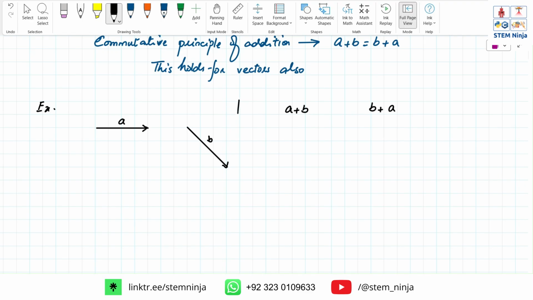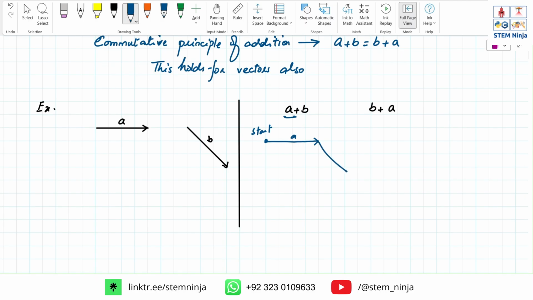So what are we going to do? We're going to start someplace because these are displacements. So basically we're going to start at some point. For example, let's say that we want to start over here. First is A, so 4 units to the right. This is our A. Then right at the head of A, we will start with B.